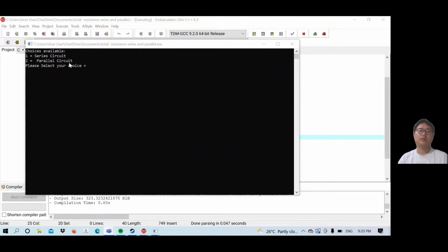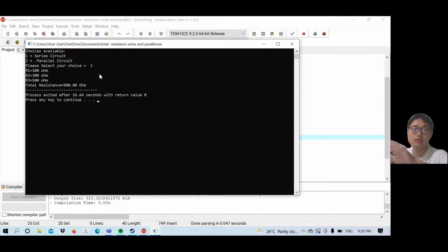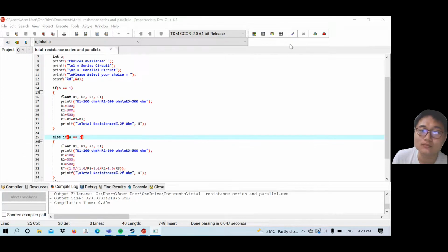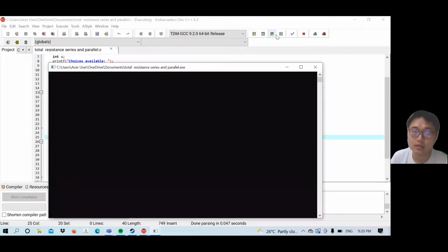So choices available have series circuit for 1, parallel circuit for number 2. Then please select your choice. When I type 1, proper display is shown and the total resistance is 900 ohm. And then I press compile and run again.